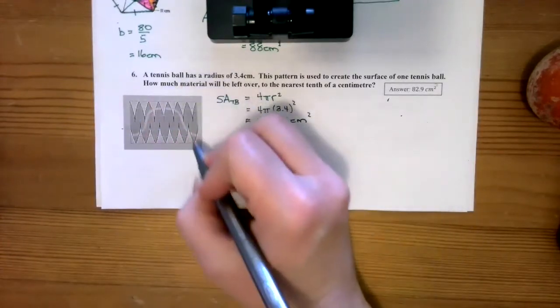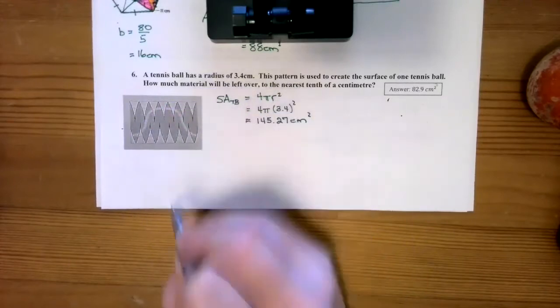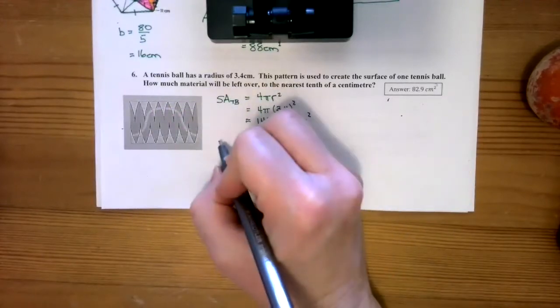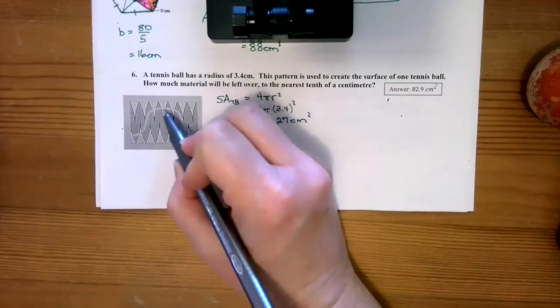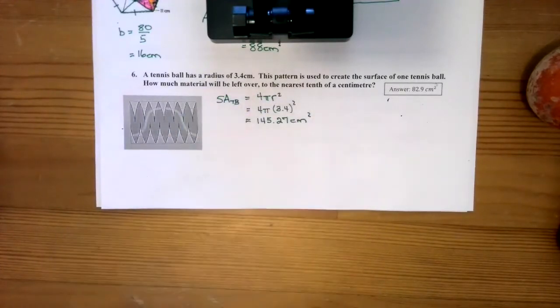Then I need the area of the rectangle. The area of the rectangle minus the surface area of my sphere is going to give me the part that's missing. So in order to find the area of the rectangle, I need to think about what's going on with my sphere.